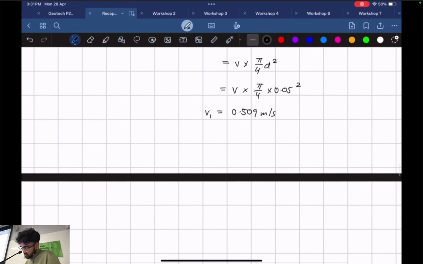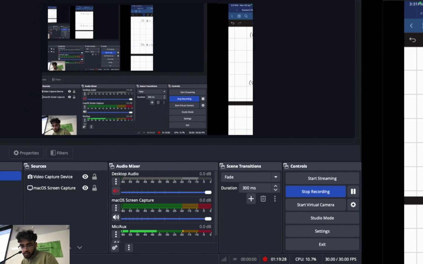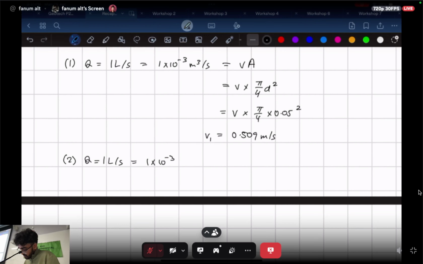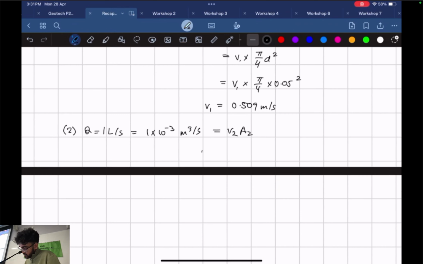At point 2, I'm going to do something similar. Q equals 1 times 10 to the minus 3 meter cubed per second, which is equal to V2 A2. This is V1 A1. So I'm going to do the exact same steps for V2.